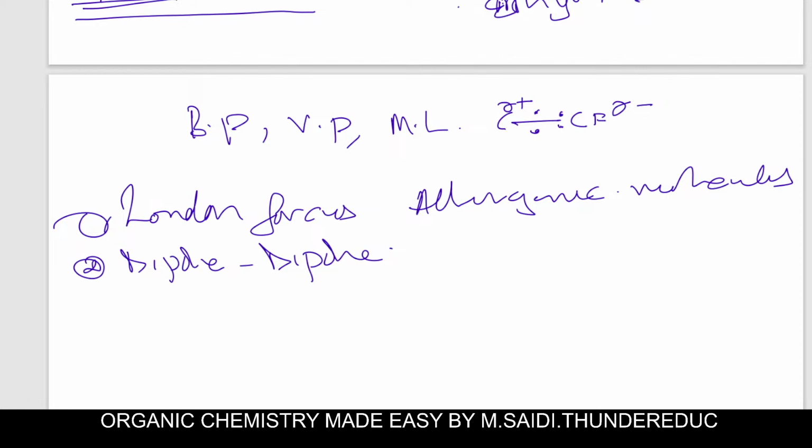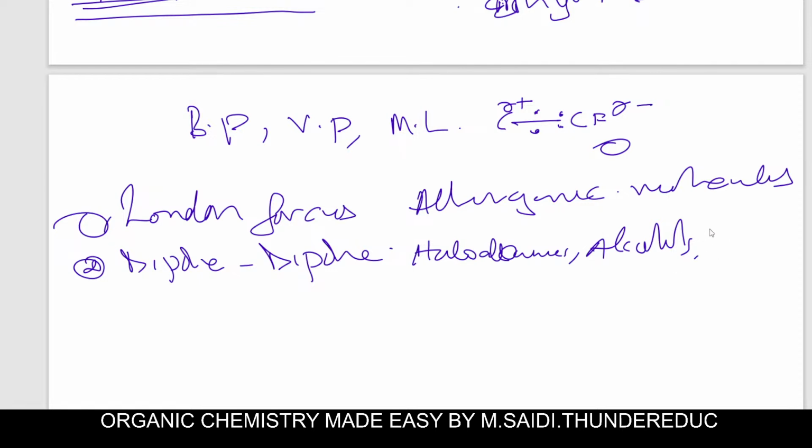I'll designate this to a specific lesson, but I'm just giving you highlights. So, listen carefully. What have dipole? Haloalkanes. Alcohols, because of the oxygen. Oxygen is also electronegative. It pulls the bonding pair of electrons towards itself.